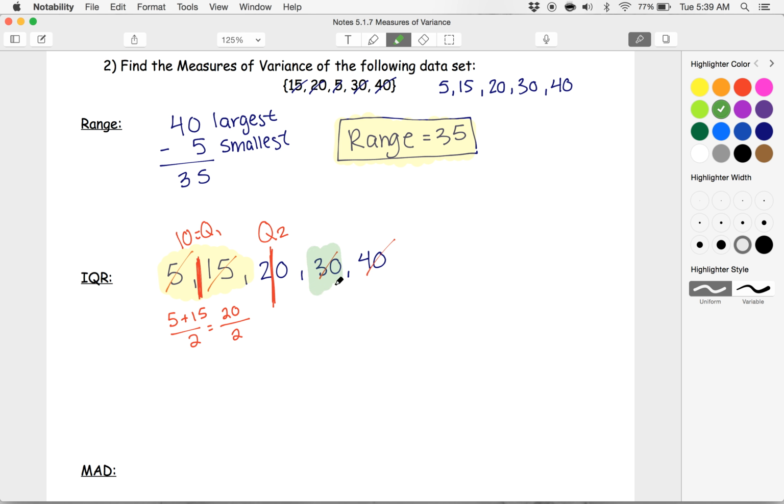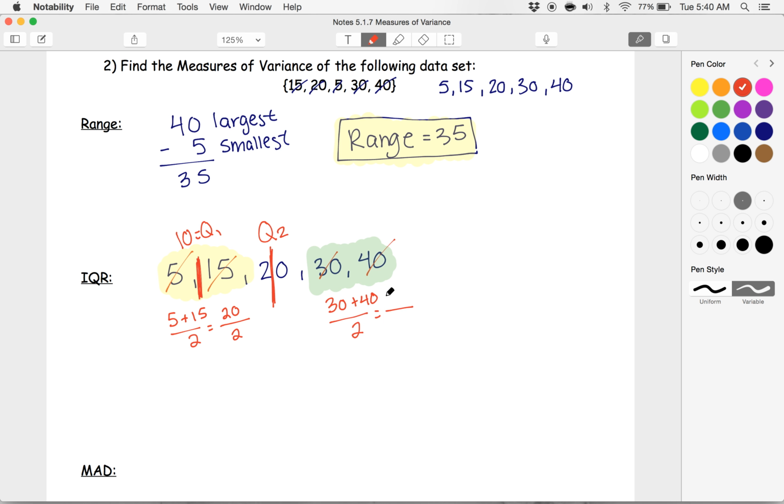And now I have to do the same thing, but on the other side. I have a 30 and a 40. I need to find the middle, so I'm going to add them and divide by 2. That gives me 70 over 2.